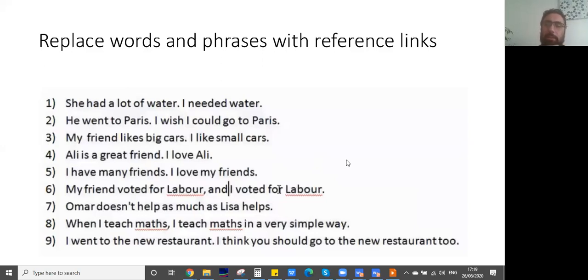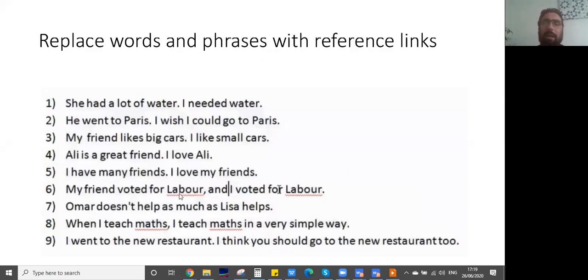Good. My friend voted Labour and I voted for Labour. So what could we do here? If you put too, my friend voted for Labour and I voted for Labour too, we're still repeating some stuff. No, I don't think too is good.